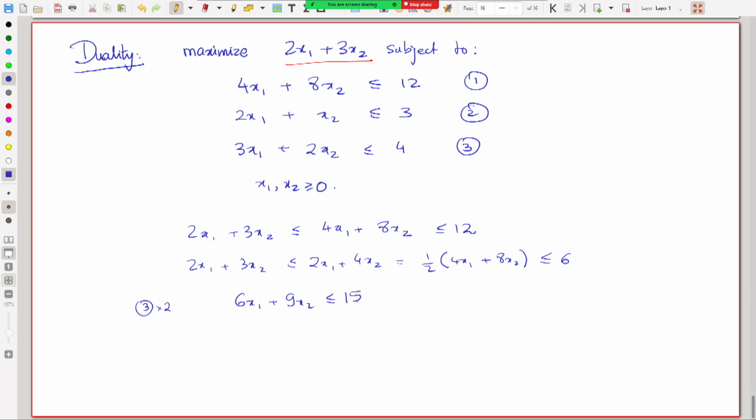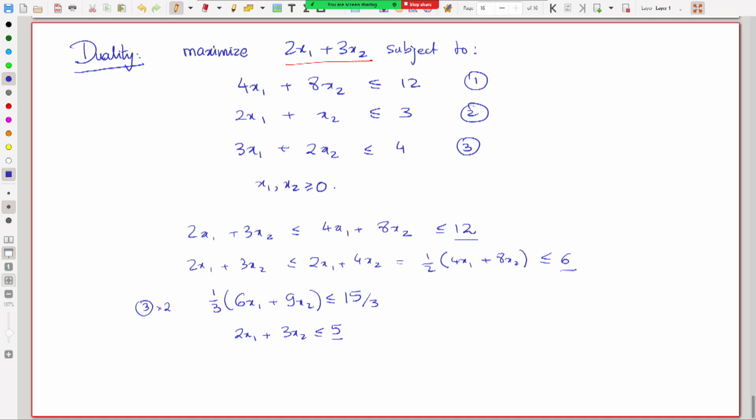So, okay, divide by 3, wonderful. What we get is 2x1 plus 3x2 is less than or equal to 5. So we have gone from 12 to 6 to 5.